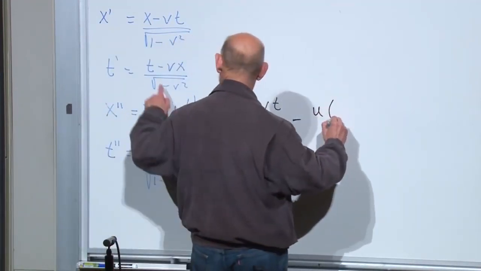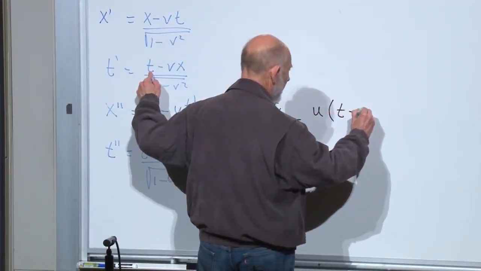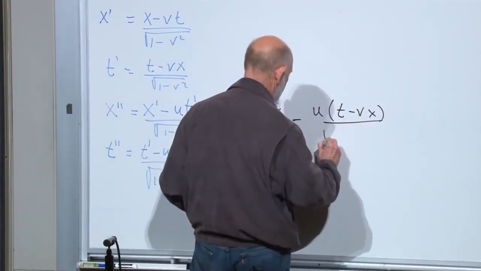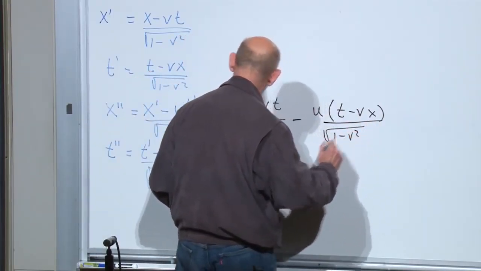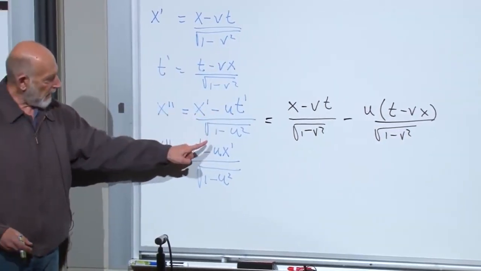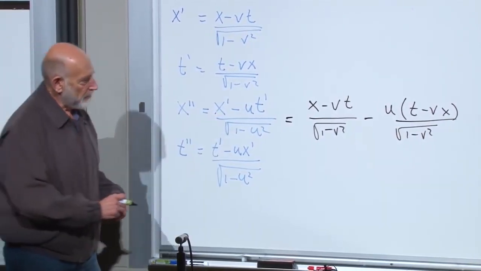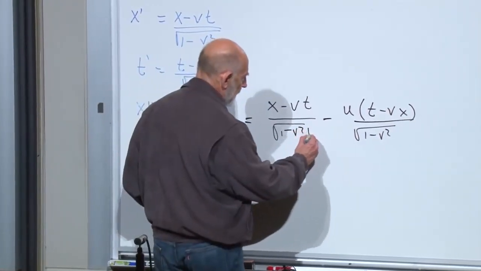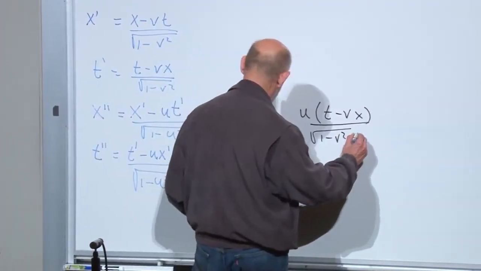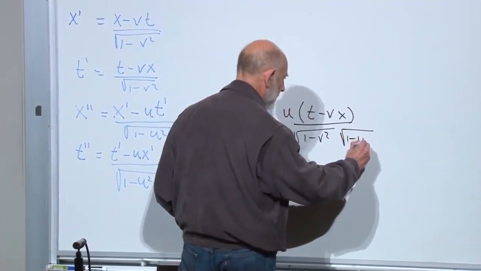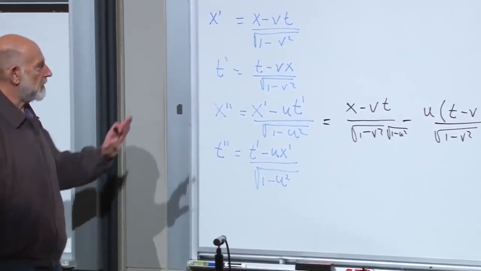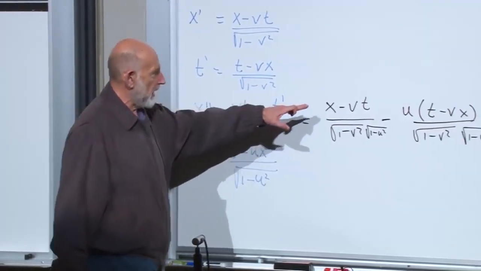T prime is t minus vx, and the whole thing again divided by another square root of 1 minus v squared. Now so far I have only written this and this. I have to put in the denominator. To put in the denominator, I just put in another factor of 1 minus u squared, square root of 1 minus u squared. So that is the relationship between x double prime and x.